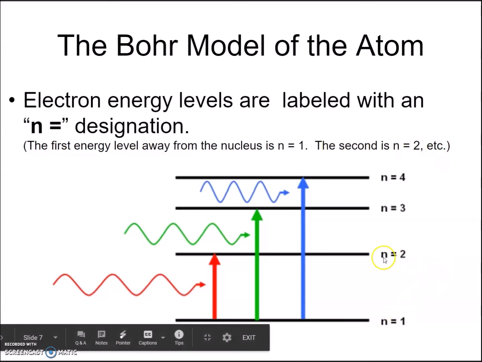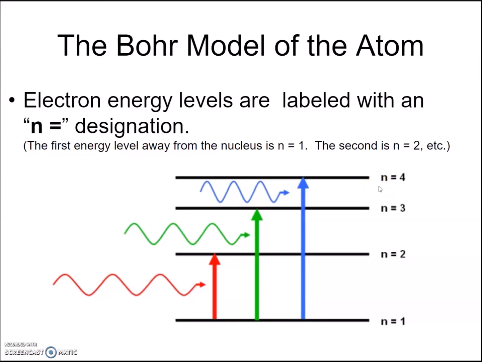So n equals 1, 2, 3, 4. Theoretically, there's no limit to the number of energy levels that you could have. But realistically, ground state electrons, at least for the elements that we know of, don't go higher than n equals 8.